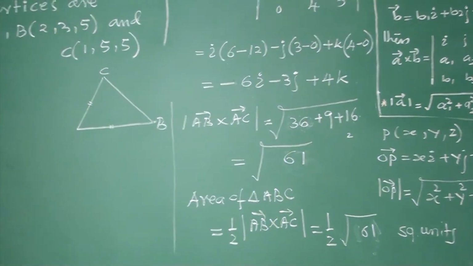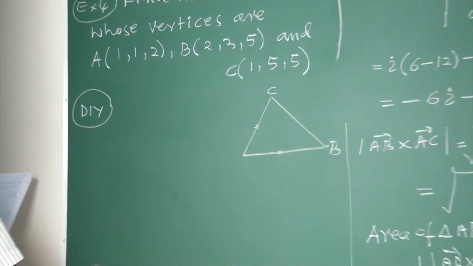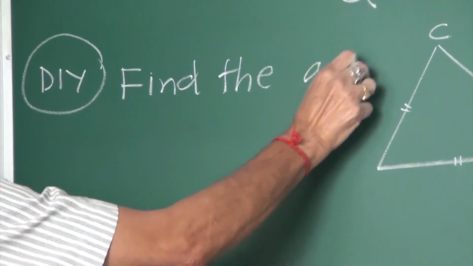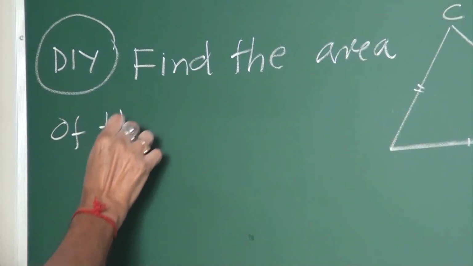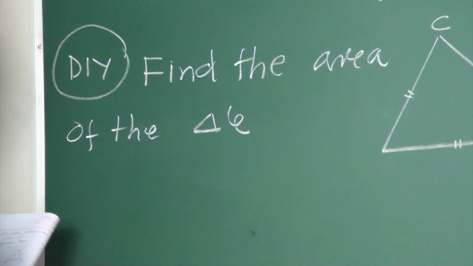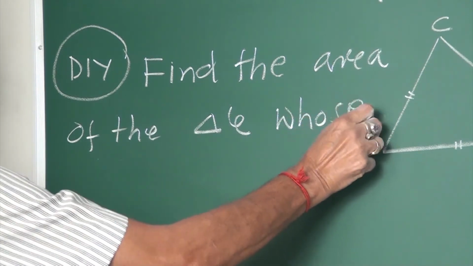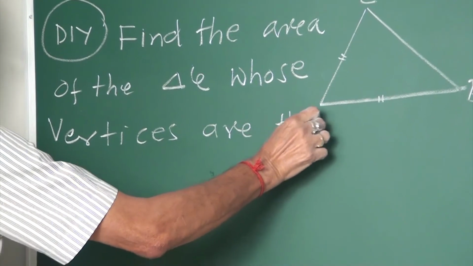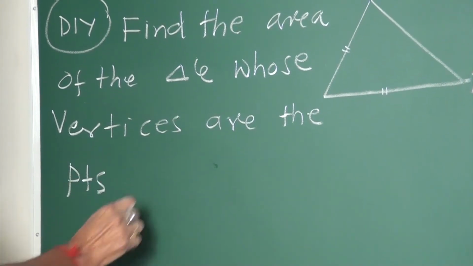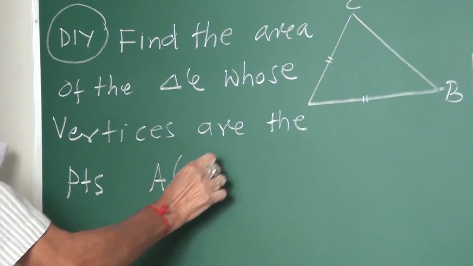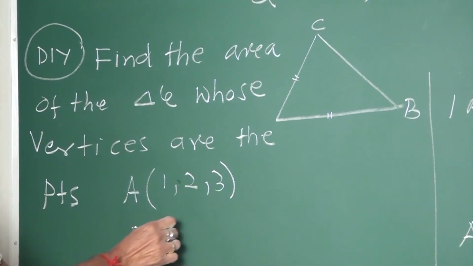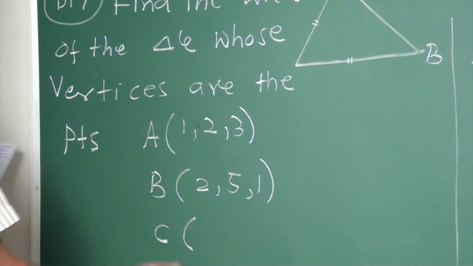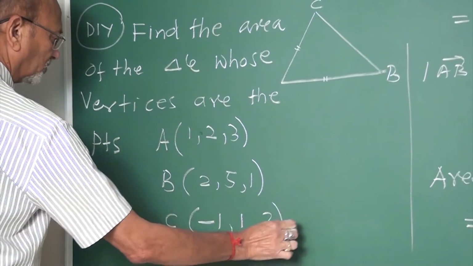This is DIY. Find the area of the triangle whose vertices are the points A, whose coordinates are 1, 2, 3; B, whose coordinates are 2, 5, 1; C, whose coordinates are minus 1, 1, 2.